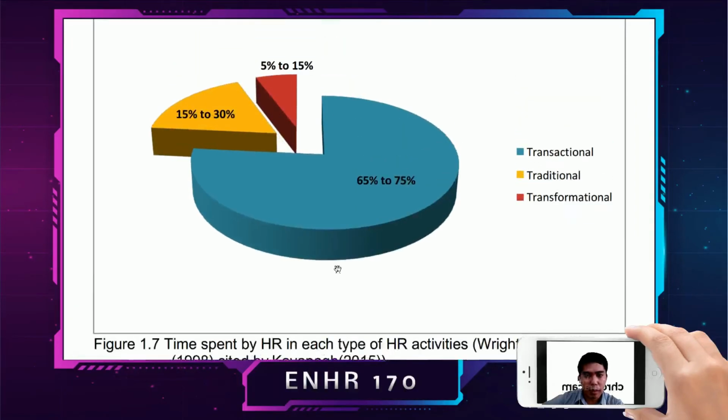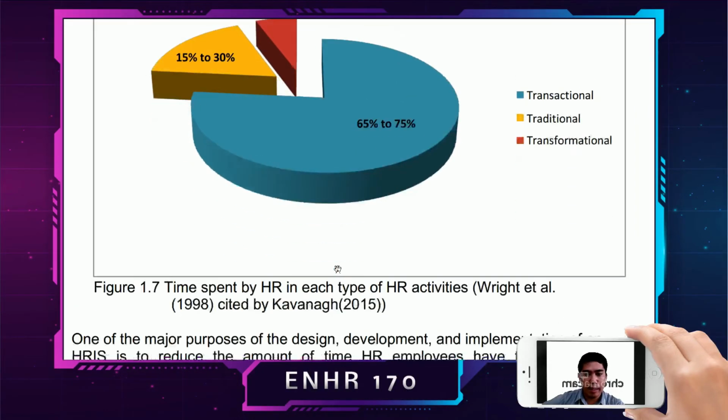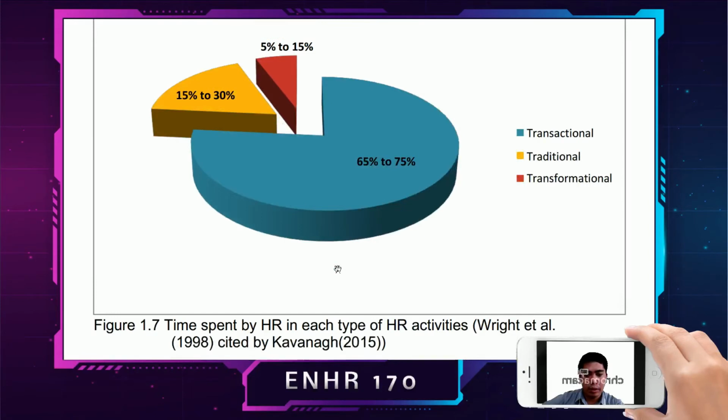Okay. So, makikita natin dito yung kung ilan yung time na i-spend ng HR sa these different activities. So, napakalaki yung chunk ng trabaho nila sa transactional. Imagine 65 to 75%. And traditional is 15 to 30%. Then yung transformational or strategic activities na ngayon ng HR, napakakunti, 5 to 15%.